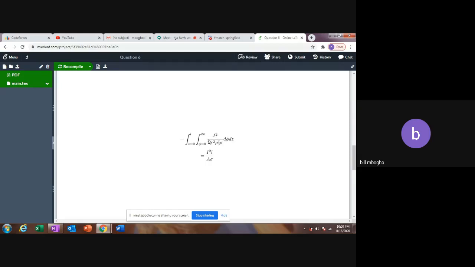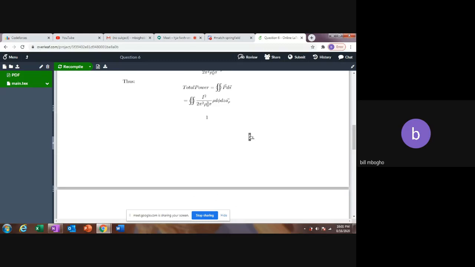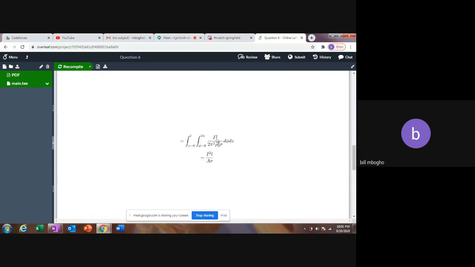So you can bring I squared over this outside, and then integrate phi from 0 to 2 pi, and z from 0 to L. And when you do that integral, you're going to end up with I squared L over A sigma.